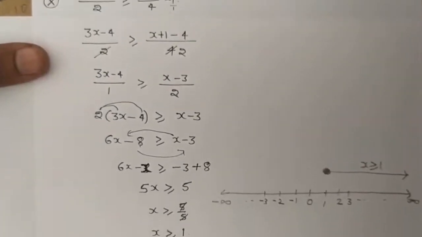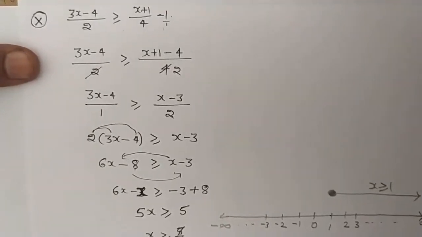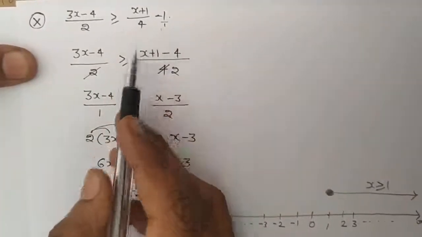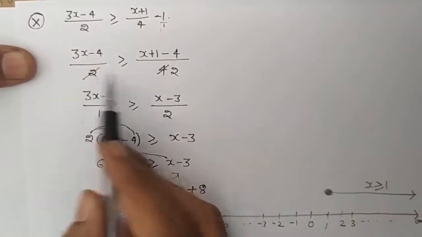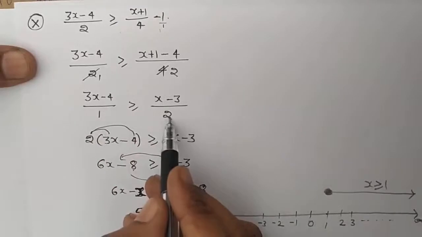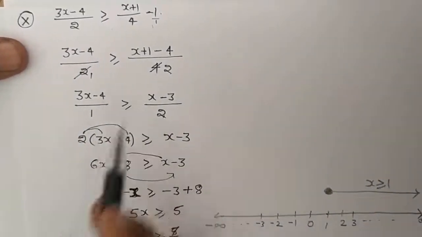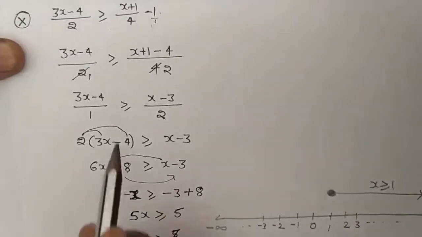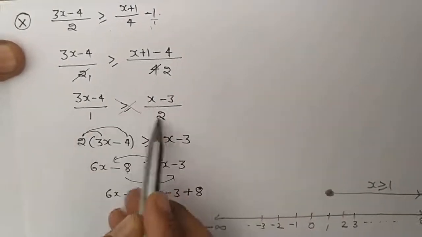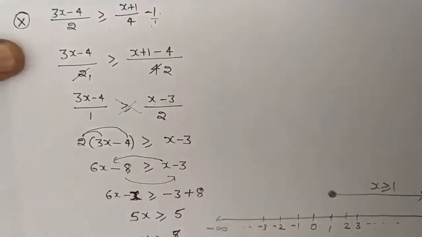Now you can note down in your notebook. Here I just took the LCM. 4 is the LCM. The denominator part will get cancelled. 2 ones are 2, 2 twos are 2. In the denominator 2 will come. After that I took the cross multiplication. 2 into (3x minus 4), 1 into (x minus 3) is x minus 3.